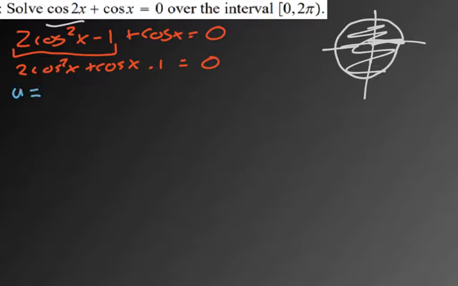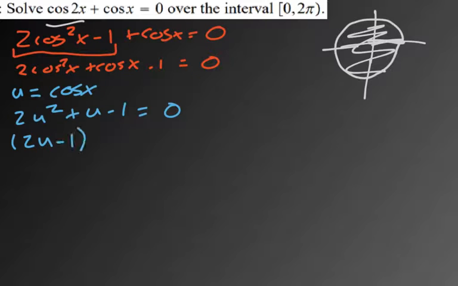We want to let u equal cosine of x, right? So you're really solving 2u squared plus u minus 1 equals 0. This one is another nice quadratic. It's going to factor into 2u minus 1 and u plus 1. So u is equal to 1/2 and u is equal to negative 1.